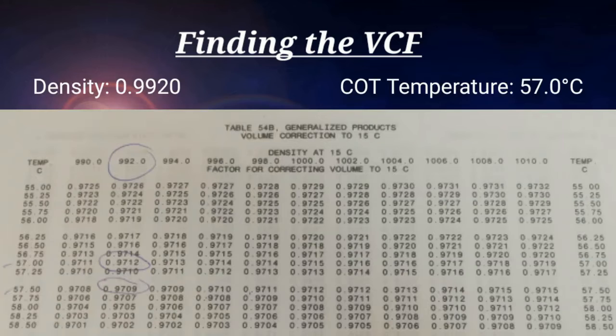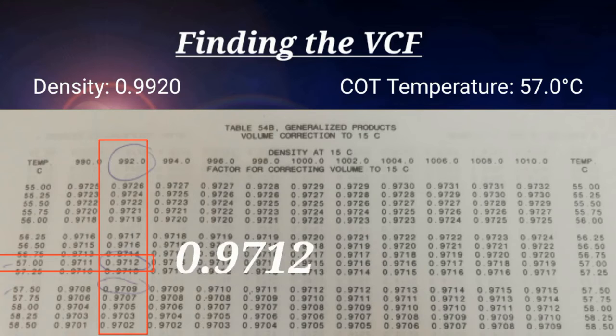We go to table 54B and look under density at 15 degrees Celsius of 992 and temperature 57 degrees Celsius. As we can see, for the temperature 57 degrees Celsius, the volume correction factor or VCF is 0.9712.